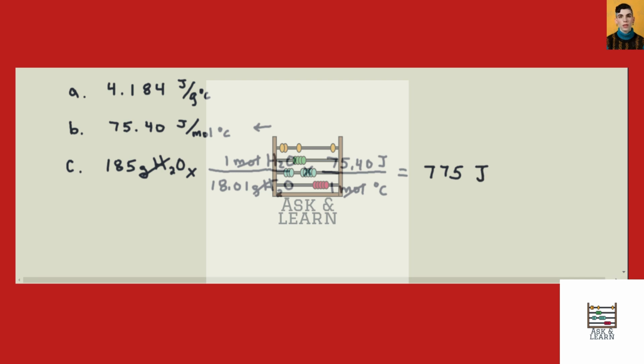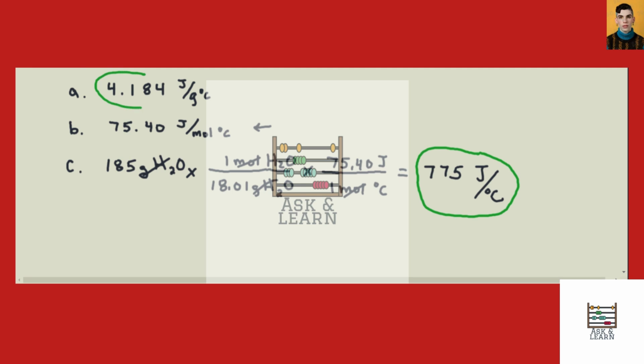And that's joules of energy needed to raise this water each degree Celsius. So to raise it 1 degree Celsius, this amount of water would need 775 joules. If you want to raise this amount of water 2 degrees Celsius, it'd be twice that value.